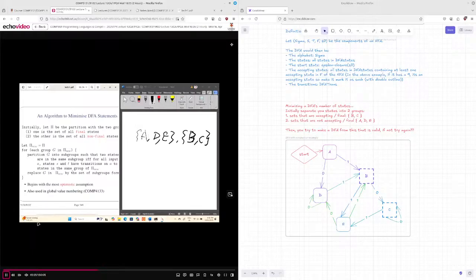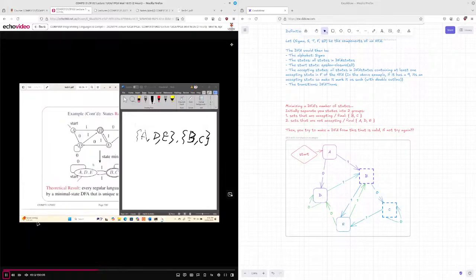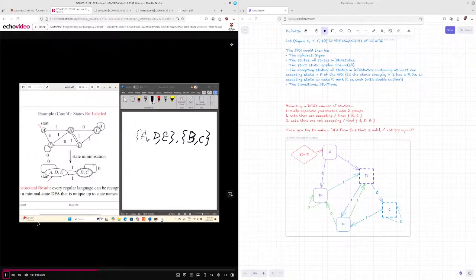Then you enter into this loop. You keep doing the same thing. This is what you do.